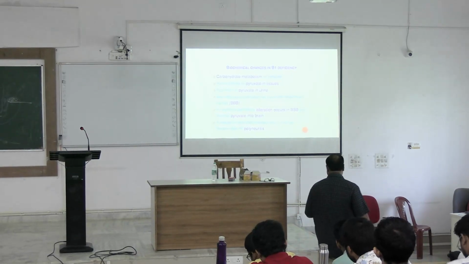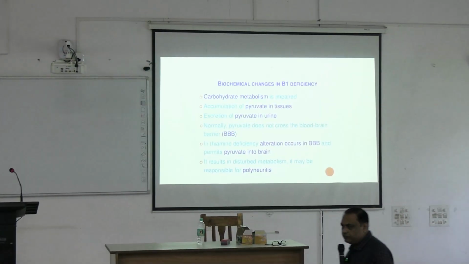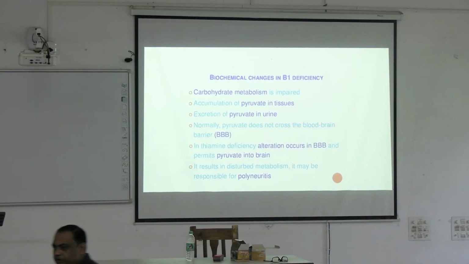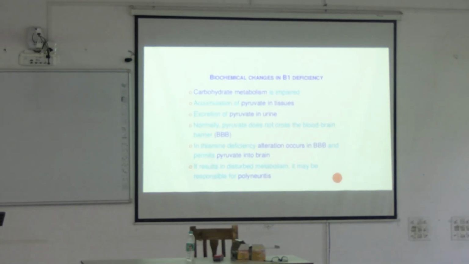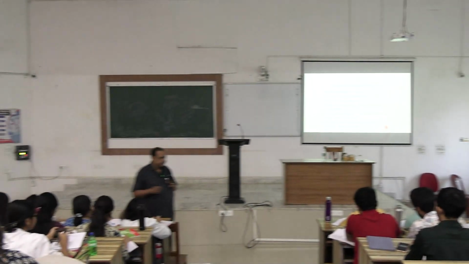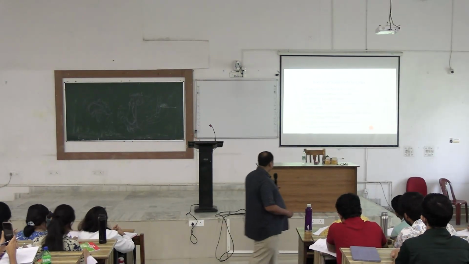They also suffer from peripheral neuritis or polyneuritis. Peripheral neuritis means numbness or tingling sensation in the extremity, shivering or trembling in the extremity. These are signs of peripheral neuritis.